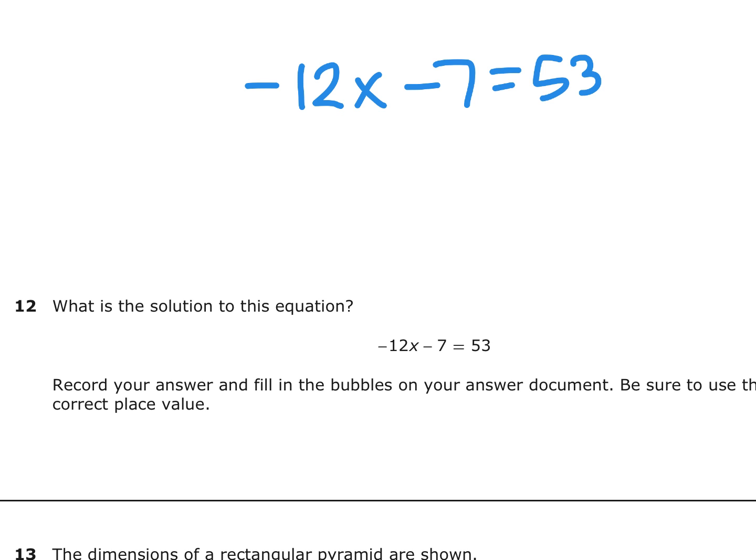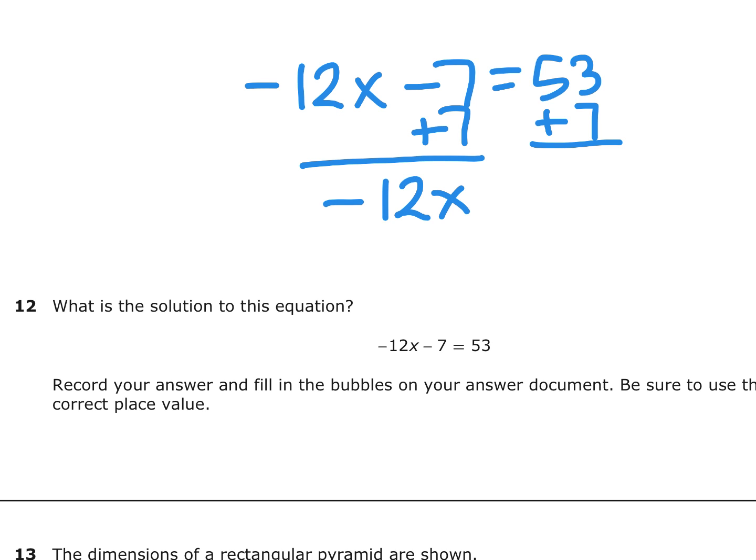So the first thing that we can do is add 7 to both sides to get rid of the minus 7. So plus 7 here and plus 7 here. So you're going to have negative 12 times some number x is equal to 53 plus 7, which is 60. So negative 12 times what number gives you 60?